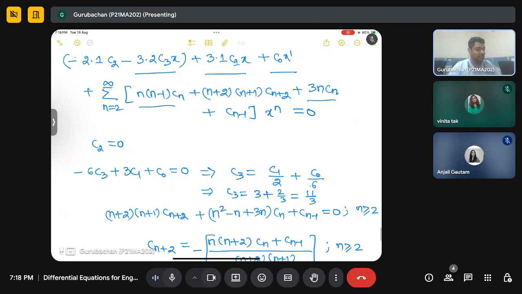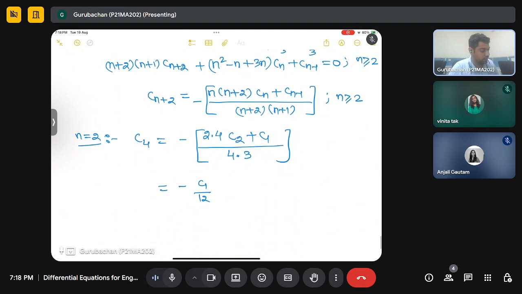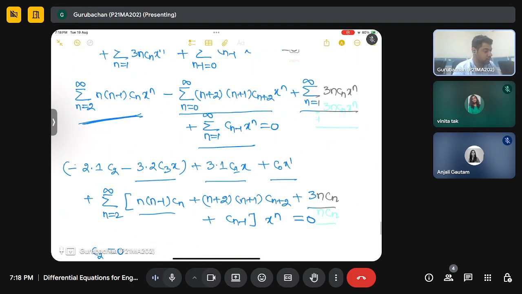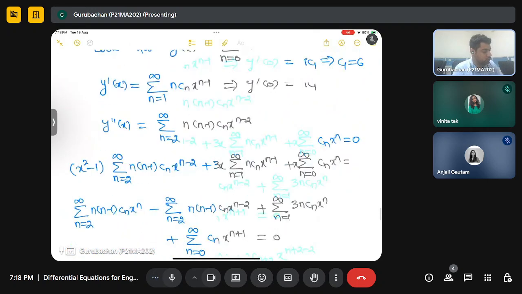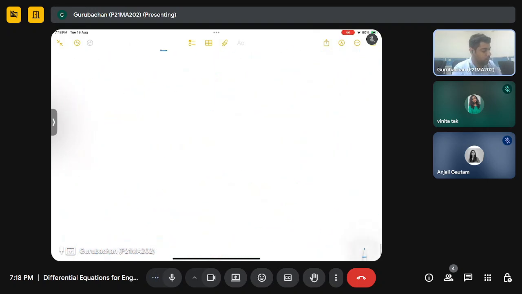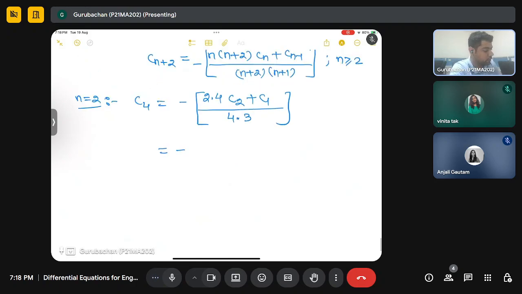So your C3 is 11 by 3, and since your C1 is 6, it will be minus 6 by 12, minus 1 by 2. From my side, it is like that. So you may also check the calculation.